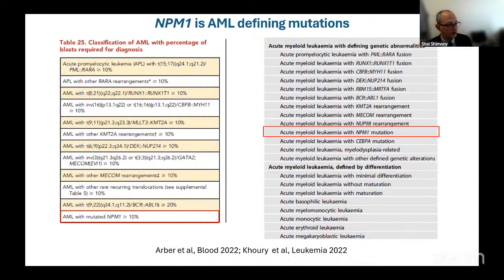Another classification, on the left, by the International Consortium, defines NPM1 AML with 10% of blasts, while the traditional definition of acute myeloid leukemia was 20% of blasts. The definition by ICC is 10% with NPM1, and the definition by WHO, the World Health Organization, is that if there is NPM1, this is acute myeloid leukemia, because we don't find mutated NPM1 in other diseases.